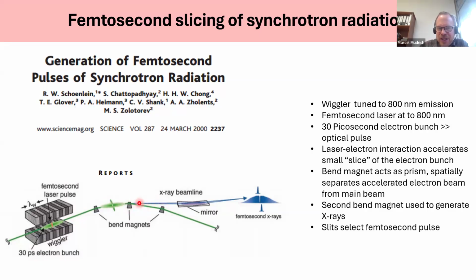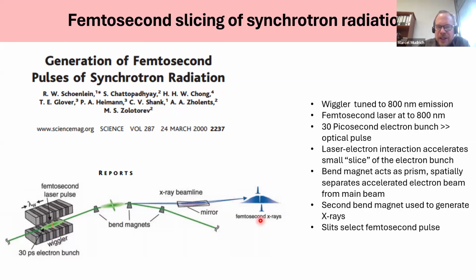So we get a spatially separated, very short pulse of radiation, which then using a set of slits can be separated out of the main beam of light that is emitted from the main bunch that continues traveling along the beam line or along the accelerator here, whereas the X-ray light is like scraped. The femtosecond X-ray pulse is scraped out of the main synchrotron pulse and can be focused.